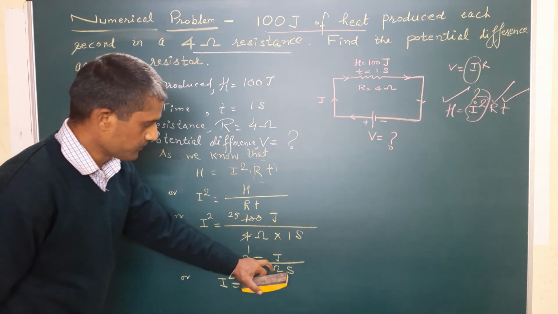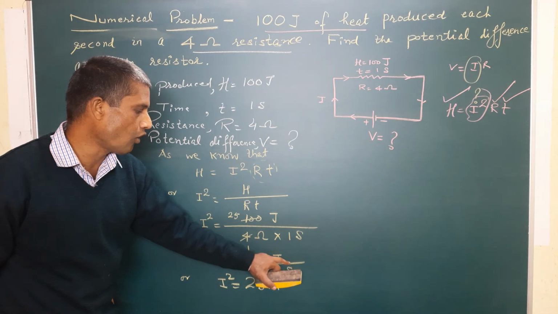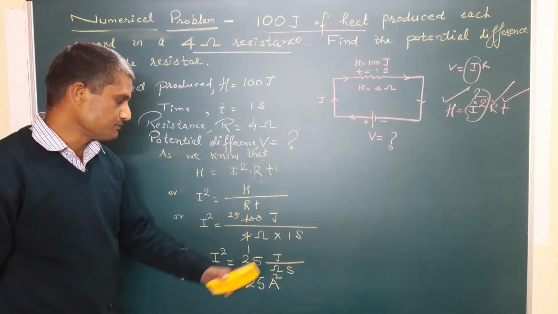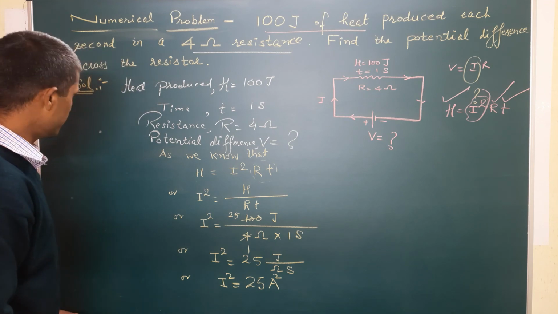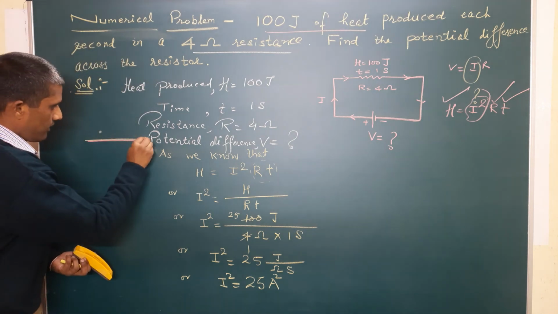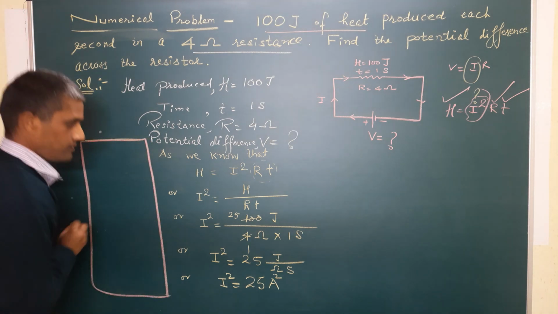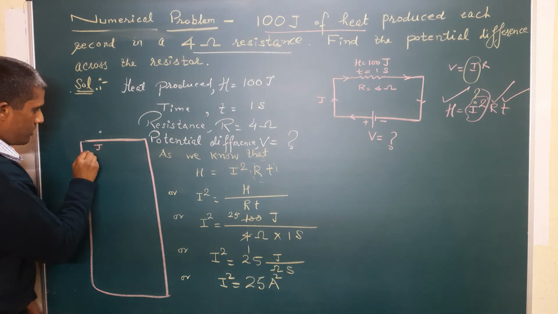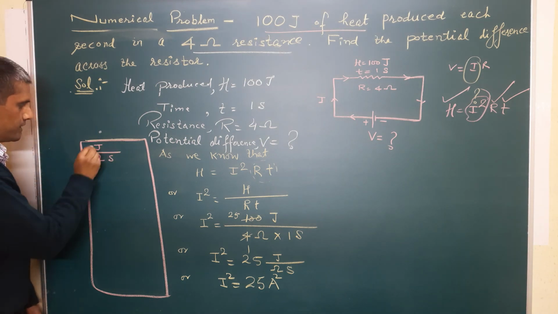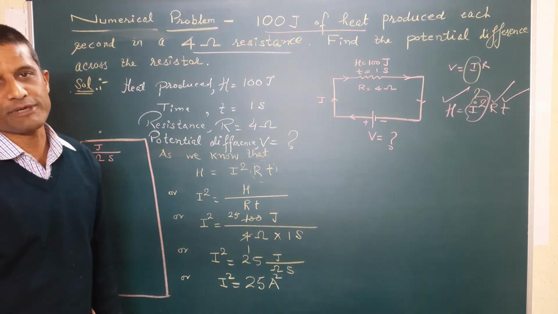And if you want to know how joule upon ohm second is equal to ampere square, let me tell you over here. Here it is joule.